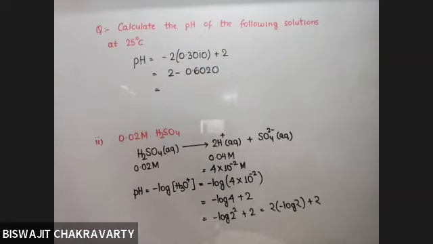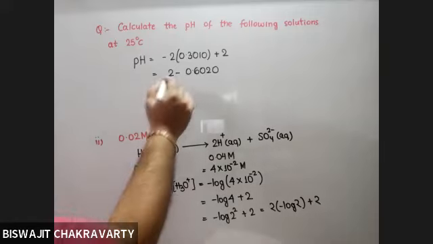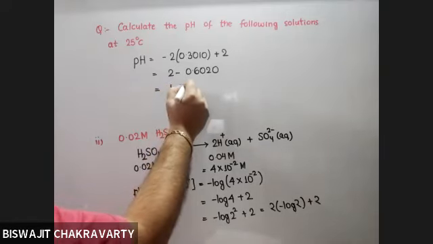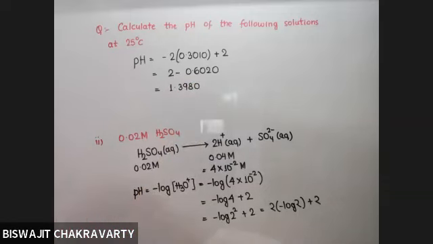Just see. Sir, 1.3980. 1.3980. So obviously the value comes out to be less than 7, because for acids the pH has to be always less than 7 as the temperature is 25 degrees Celsius.